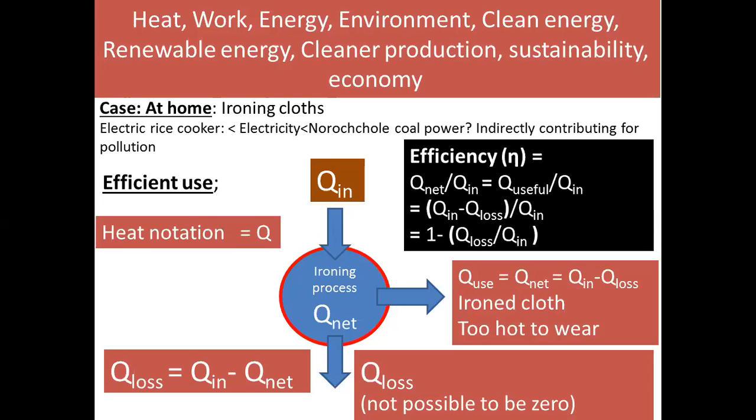heat Q in, and when you have a heat loss Q loss, the balance is the heat of the useful one. So in other words, you can see here the Q loss is Q in minus Q useful heat. Okay, useful heat.